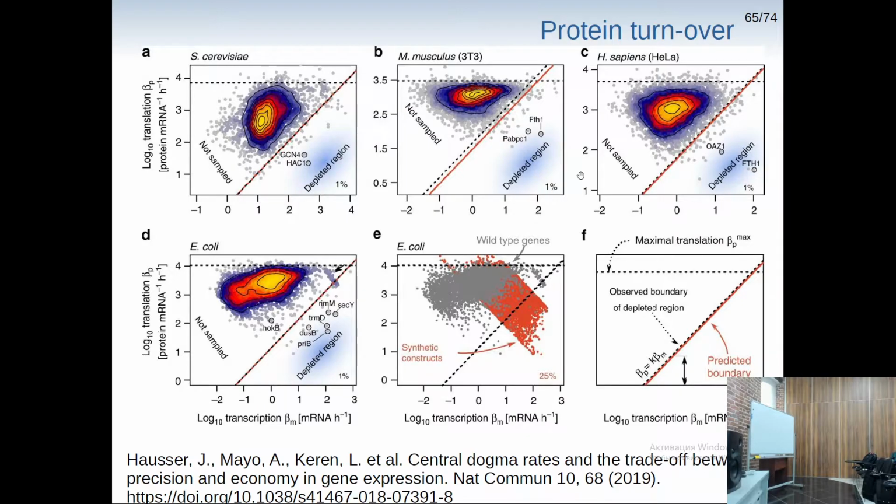And the problem is that if we look at this graph for different organisms, for yeasts, for mice, for human, for E. coli, as you can see, most of the proteins have some maxima here, where there is some transcription, some translation, and it's somewhere in between, right?